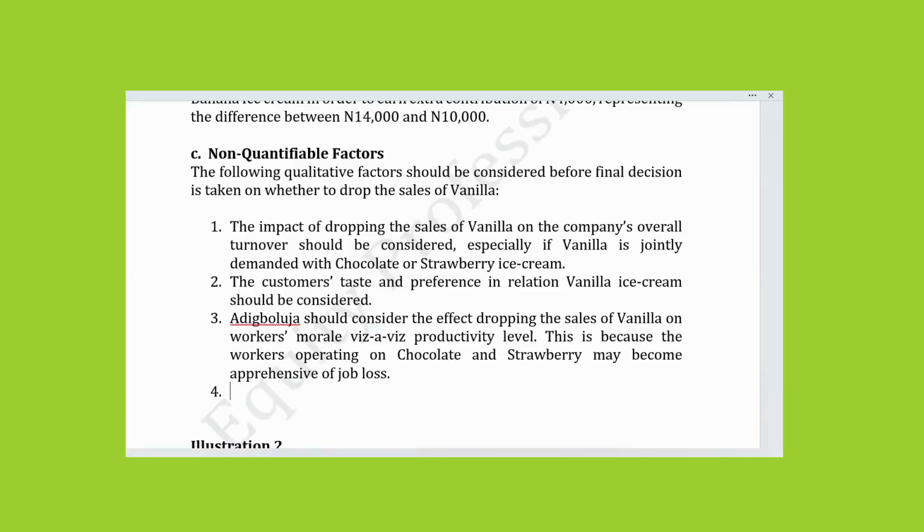Yeah, you're correct. So let's put it this way, is Adigboluja going to incur the costs of training the workers?